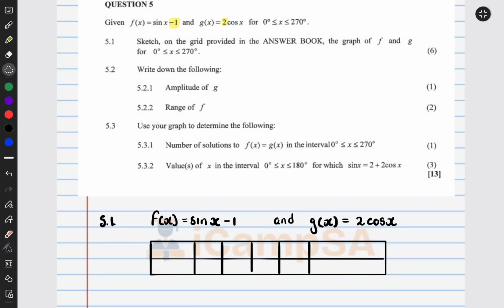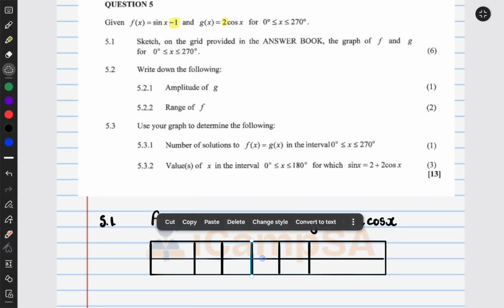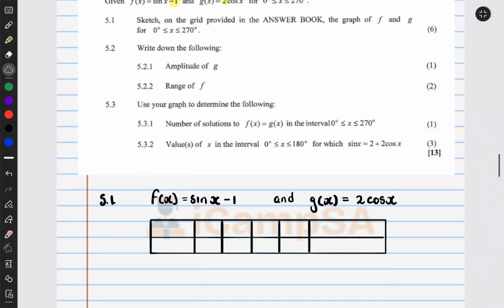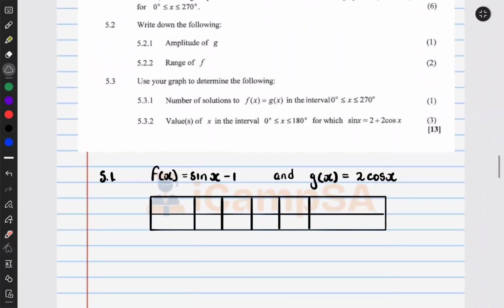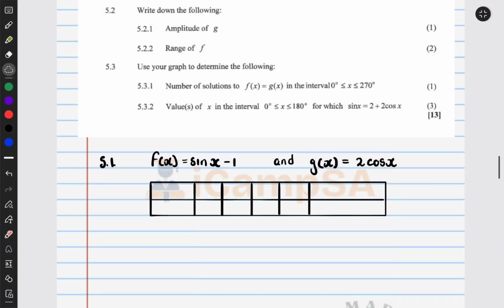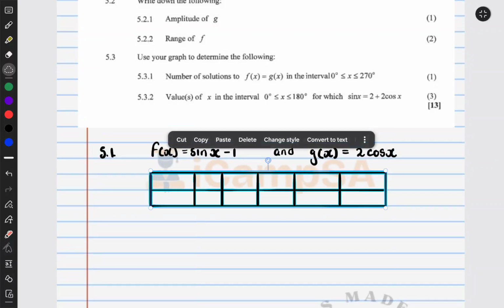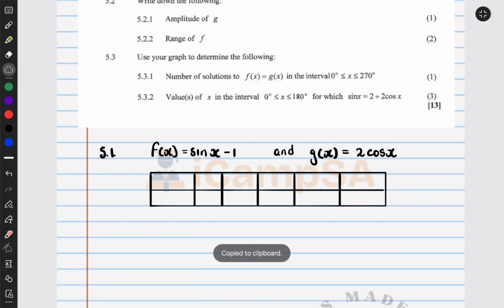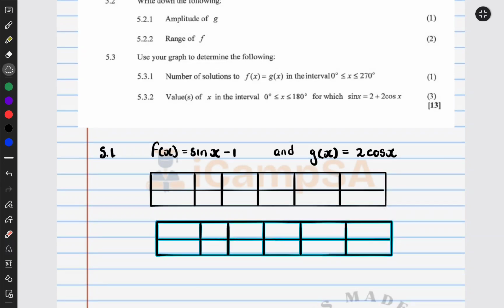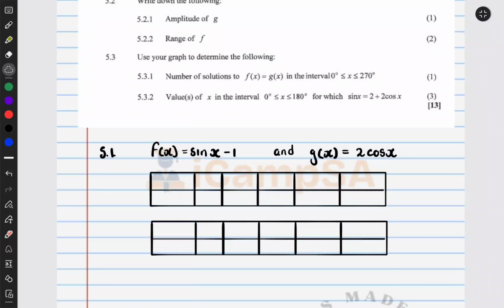It becomes very short when you use the interval of 90, but anyway, let's keep them. These are the intervals we're going to use, and we have to sketch two functions as well as make two tables.